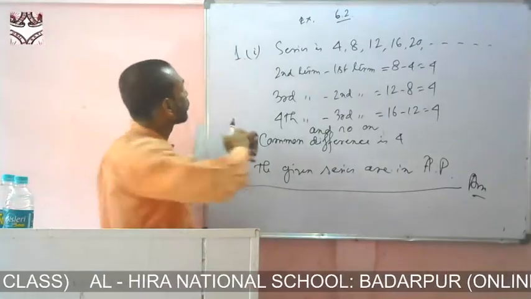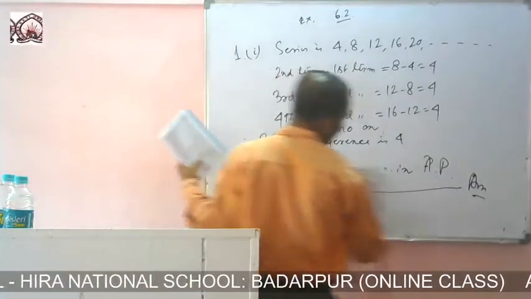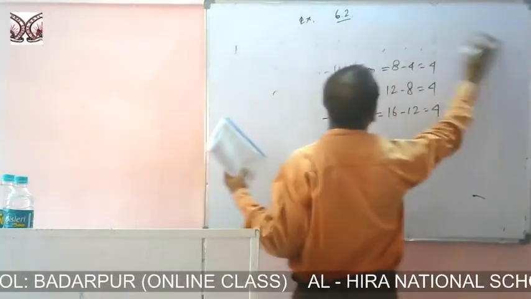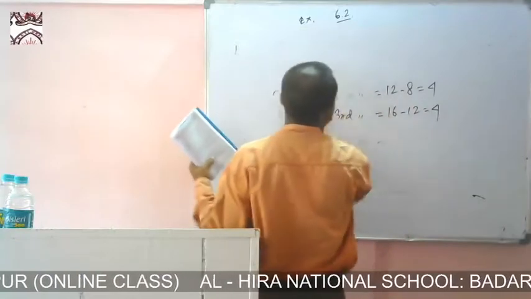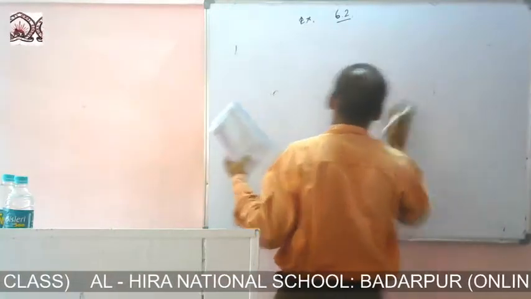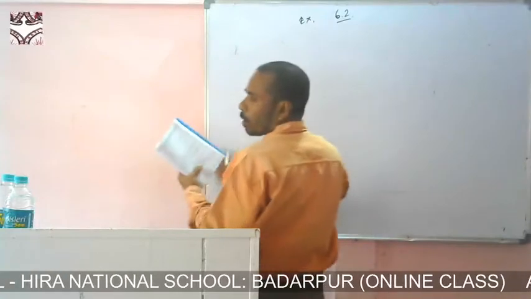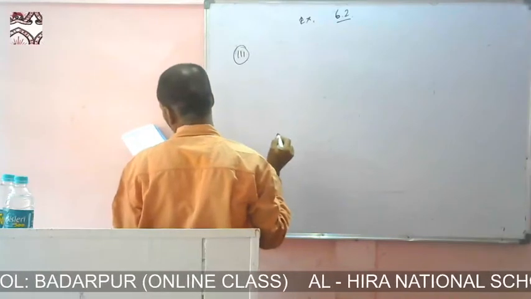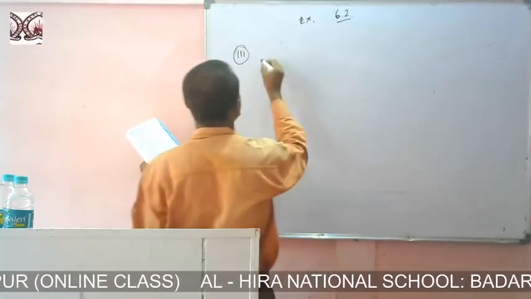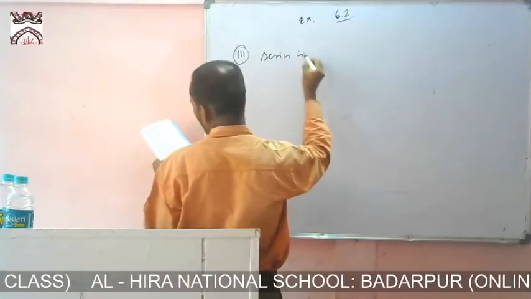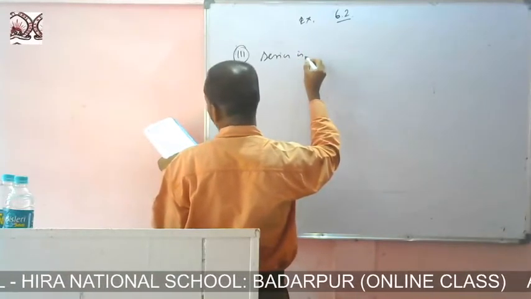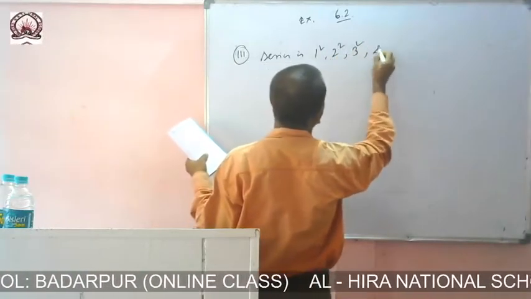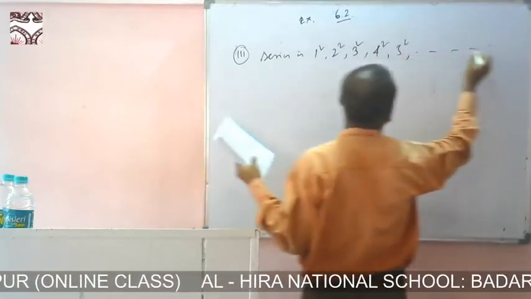Number 3 is the series 1 square, 2 square, 3 square, 4 square, 5 square, and so on.